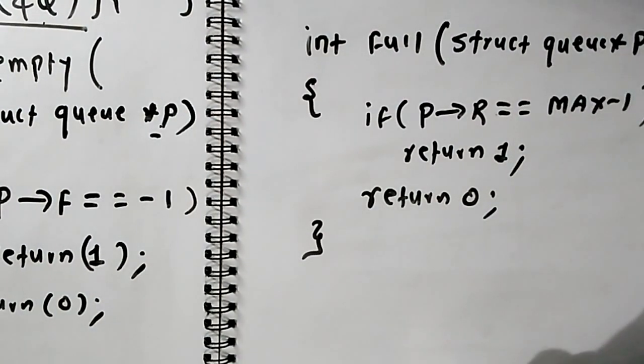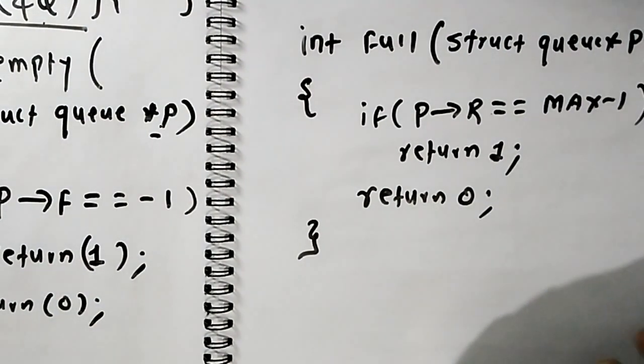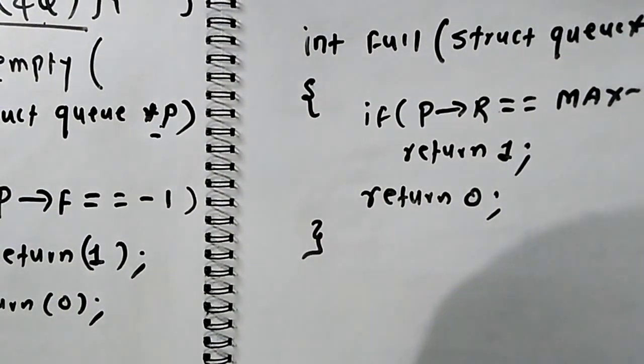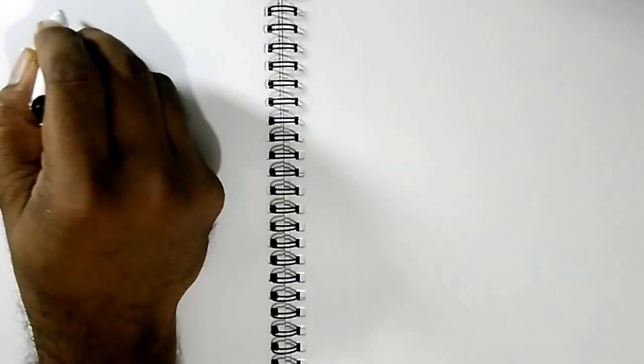Now let's write the other functions, the NQ function and DQ function. The return type of this NQ function will be void because it will not return us anything. It will simply insert a value in the queue which is passed to this NQ function. So the name of the function is NQ.